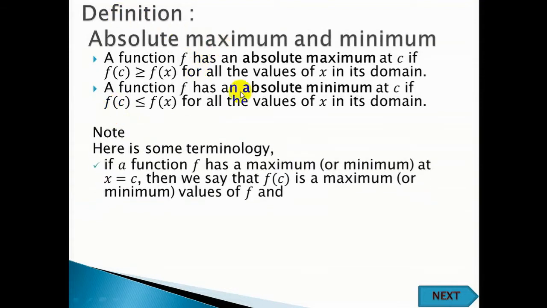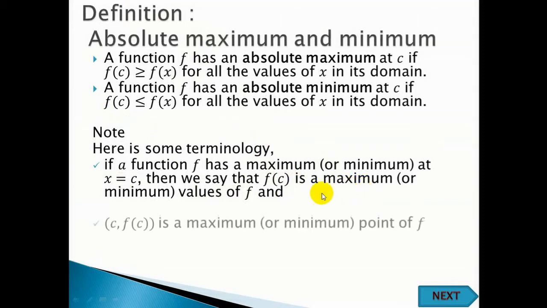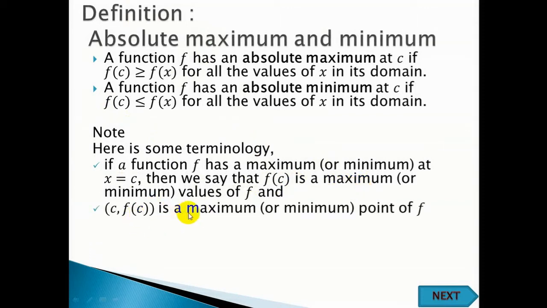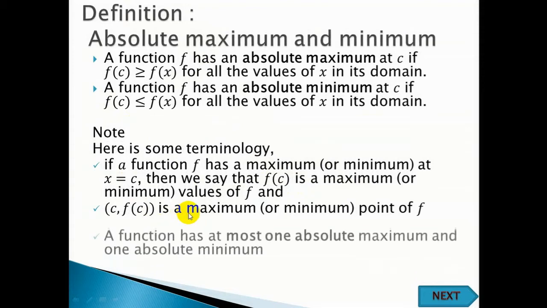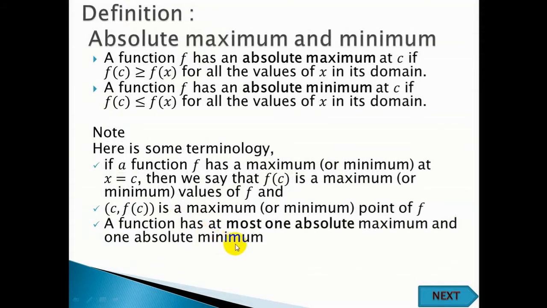If a function f has a maximum or minimum at x equals c, then we say that f(c) is the maximum or minimum value of f, and (c, f(c)) is a maximum or minimum point of f. A function has at most one absolute maximum and one absolute minimum. So that's the meaning. There is just one absolute maximum and one absolute minimum. Okay, everyone.